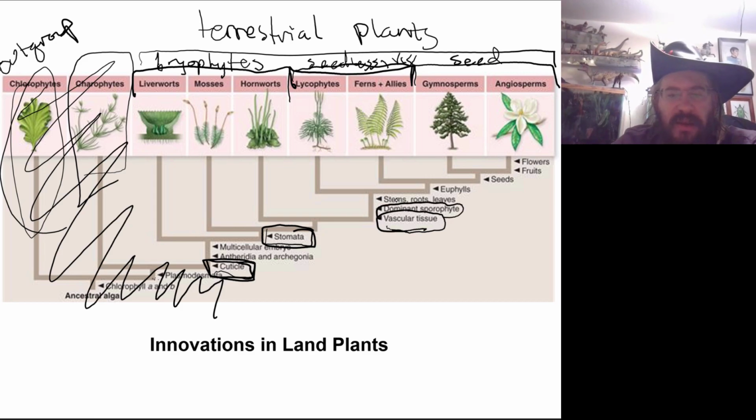Sporophyte dominant. The presence of vascular tissue in the sporophyte, right? So there we go. We'll ignore euphylls. That's a fancy term for true leaves, megaphylls. So we'll just ignore that for the moment.